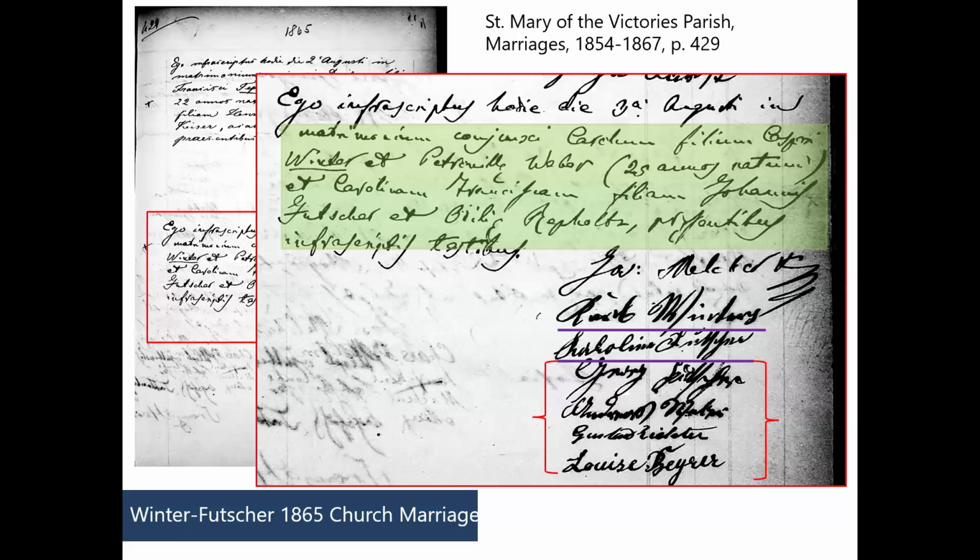However, what I did find was that he was listed as Carl Winter in the index, and the information on her parents is what solidified this for me because I knew more about her than I did about him when I found this record.